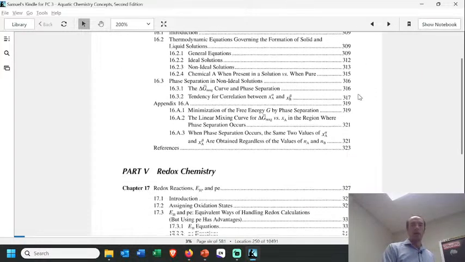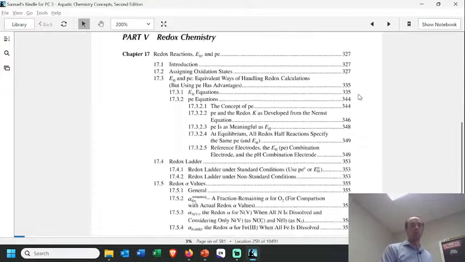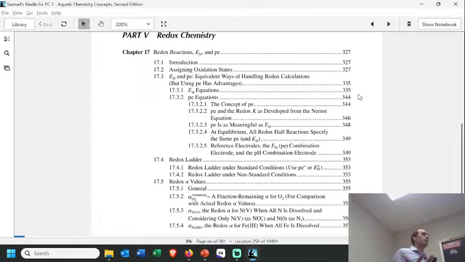Okay, and we will skip ahead at some point to draw some redox chemistry. That'll help us understand the metal solubility, because if we're changing the oxidation state of a metal, then we're suddenly changing the solubility of that metal potentially. So a lot of times a way to precipitate and remove metals would be to change the oxidation state and then manipulate the chemistry from there so that they'll come out of solution.